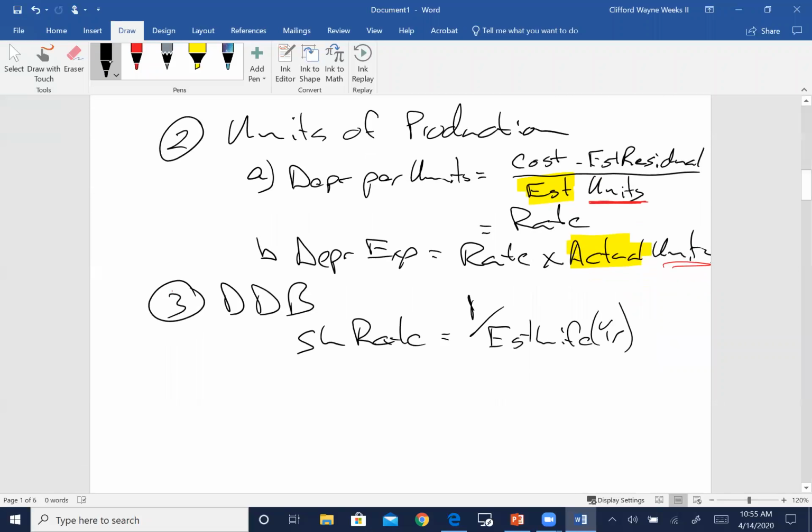So you just take 1 divided by 5, and that gives you 20, or 20%. If it's the double declining balance, you multiply that times 2. And so we're going to use a 40% rate.